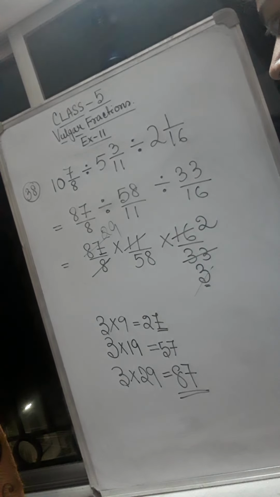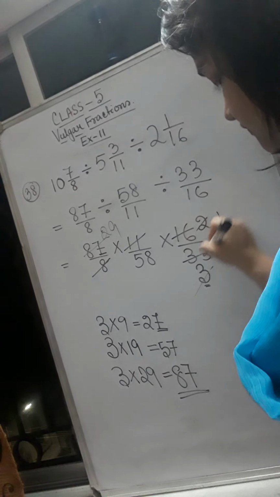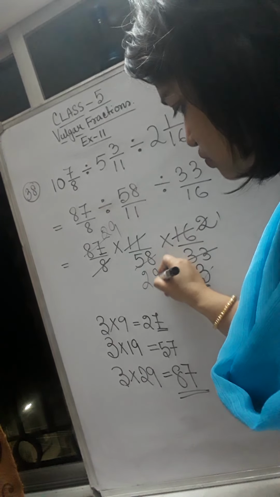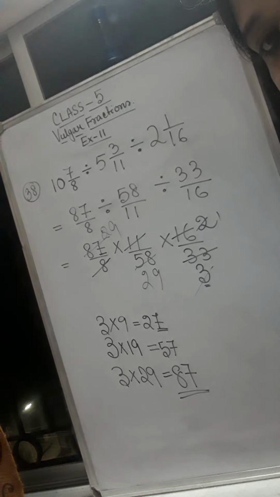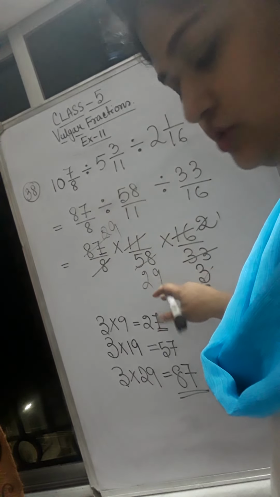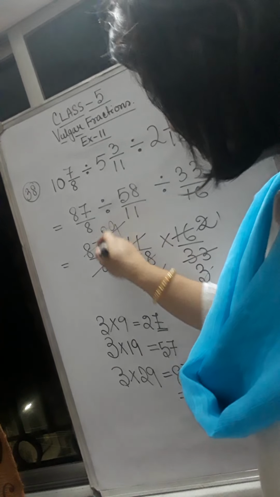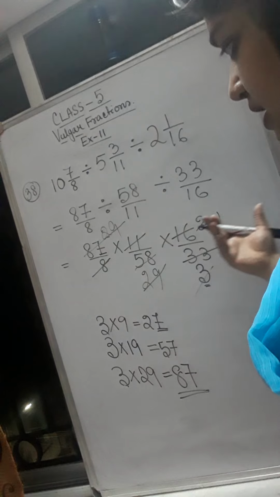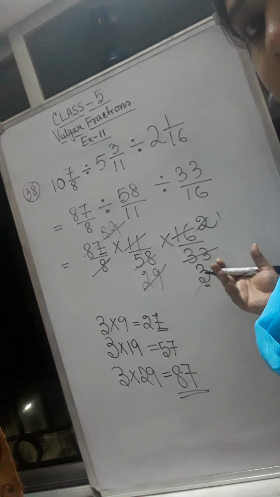Cancelled. Now 2 and 58 can also be cancelled. 2 1s are 2, 2 2s are 4, 1 8. So 2 29s are 58. Now 29 and 29 can both be cancelled. So what is left over? The top part is all cancelled, the bottom part is all cancelled.